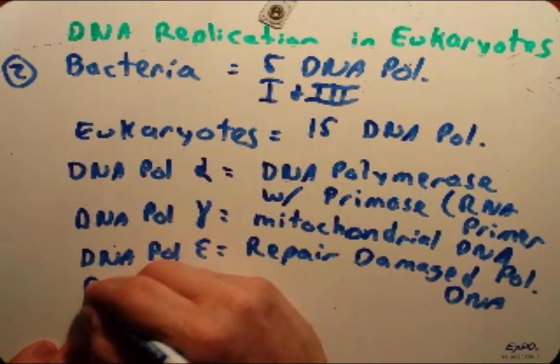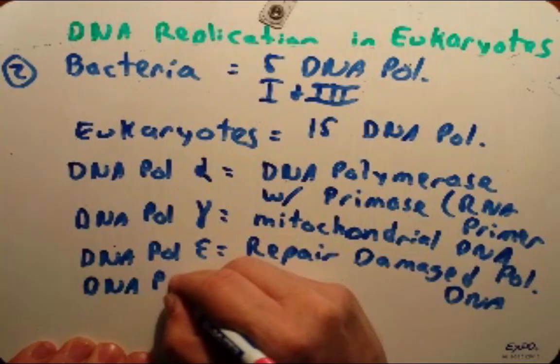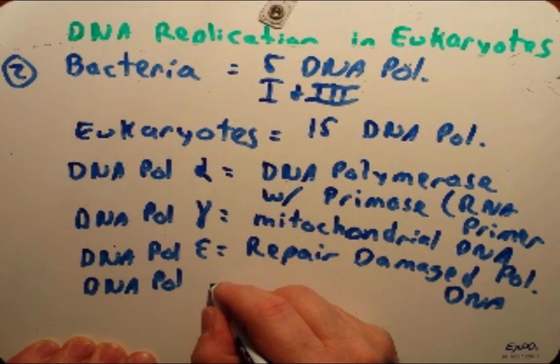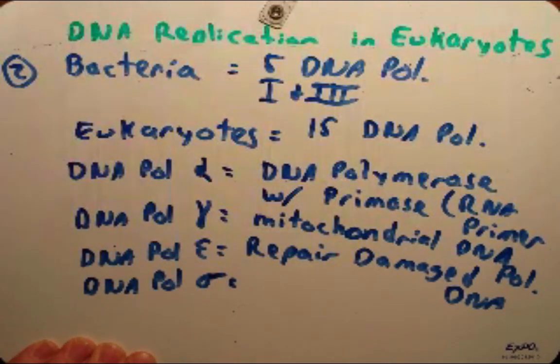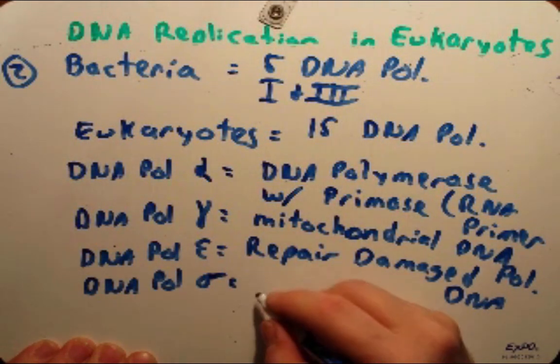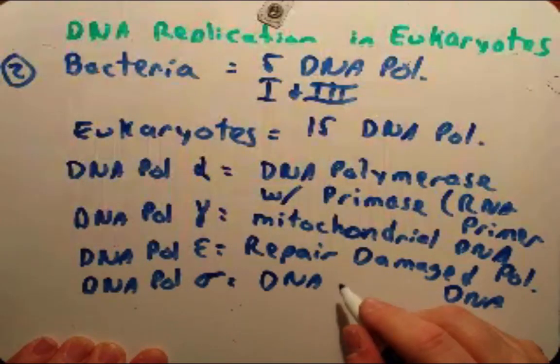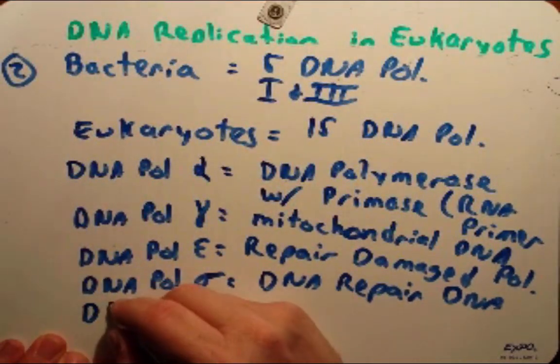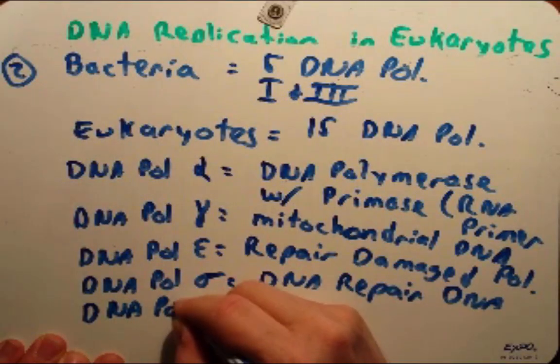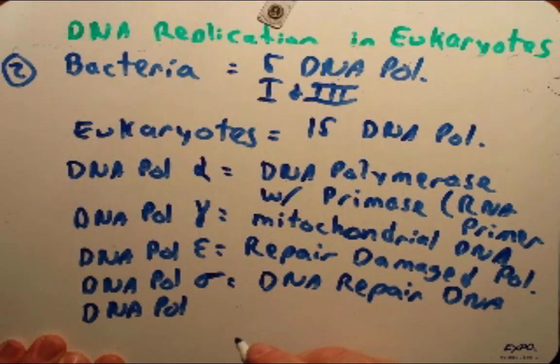Also DNA polymerase sigma, and it's involved in DNA repair, similar to DNA polymerase epsilon. And the last one you need to know about is DNA polymerase eta.